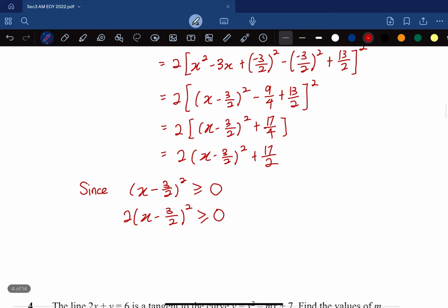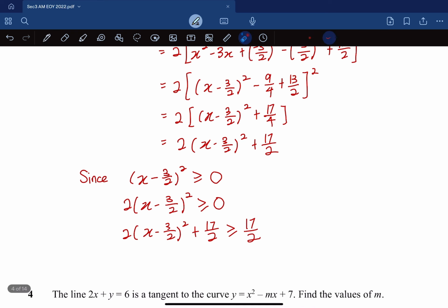And if I add 17 over 2 to both sides of the equation, you can see that this expression here is always greater than or equal to 17 over 2, which tells us that it is always strictly more than 0, which is always positive.